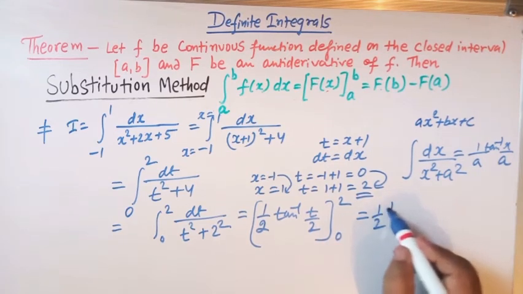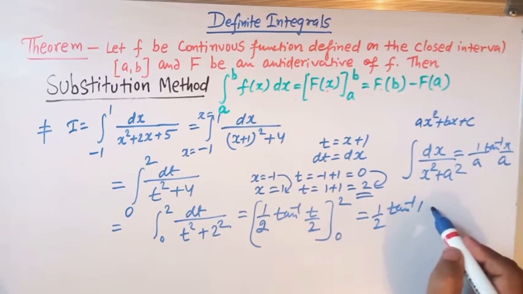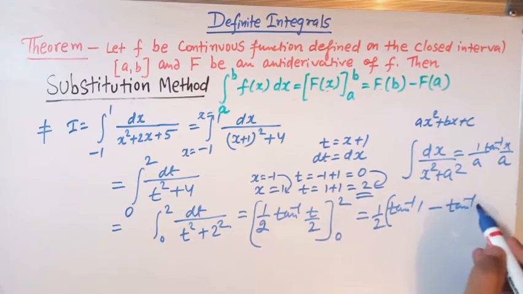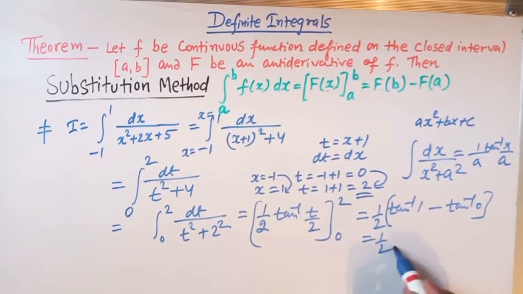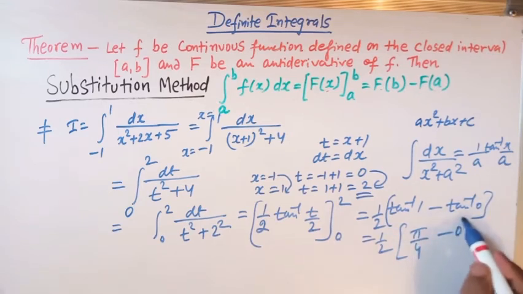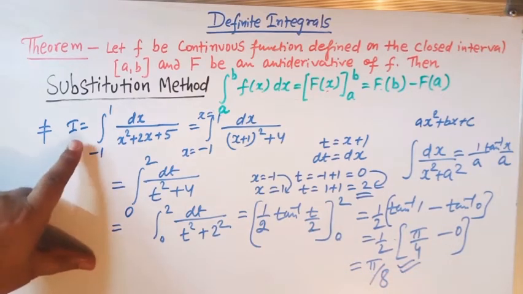So we have half tan inverse 2 over 2, which is 1, then we have t equal to 0 here, so we have tan inverse of 0. So this is half, tan inverse of 1 is pi by 4, tan inverse of 0 is 0, so we have pi over 8. 1 by 2 times pi by 4 is pi by 8. So this is the required value of this integral.